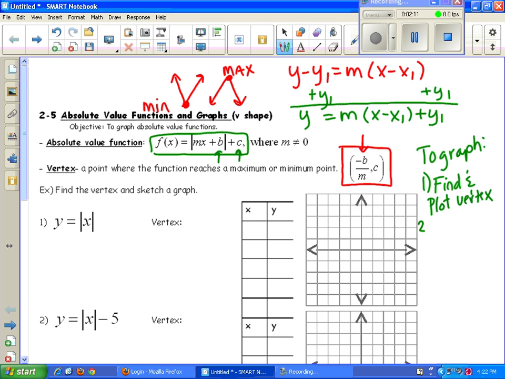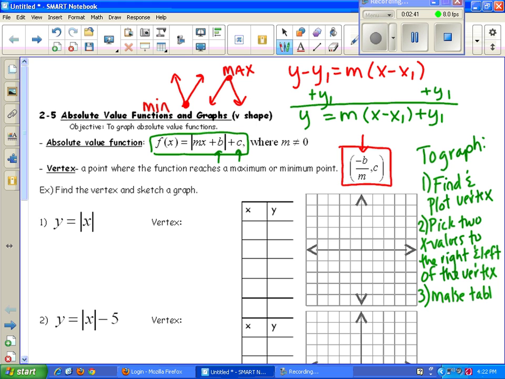Step 2, I pick two x values to the right and left of the vertex. And step 3, I make a chart or a table and plot the points. Those are the steps that I follow when I'm graphing.